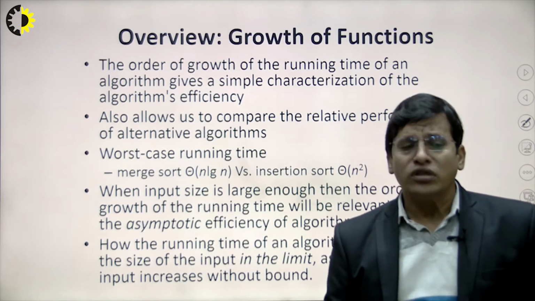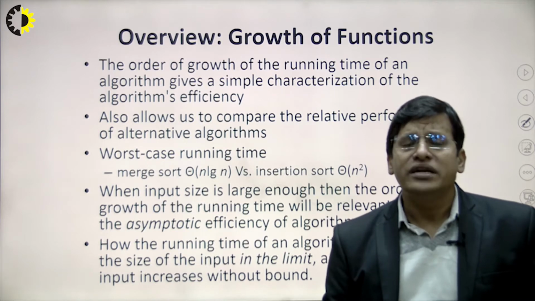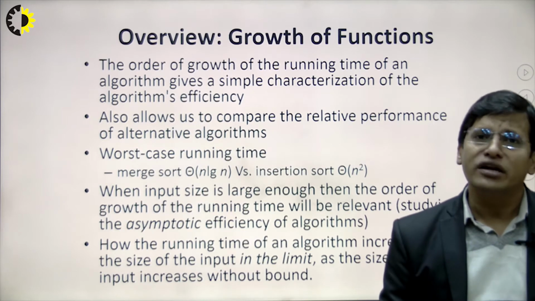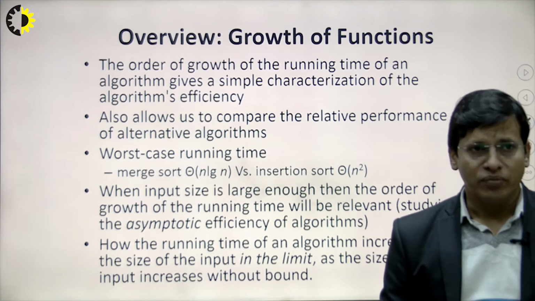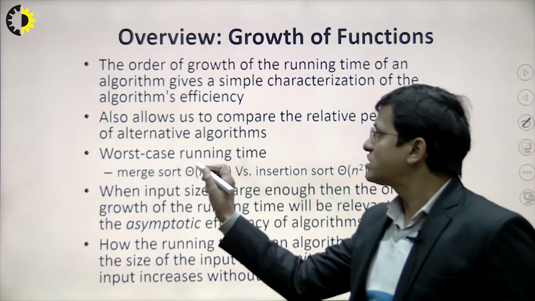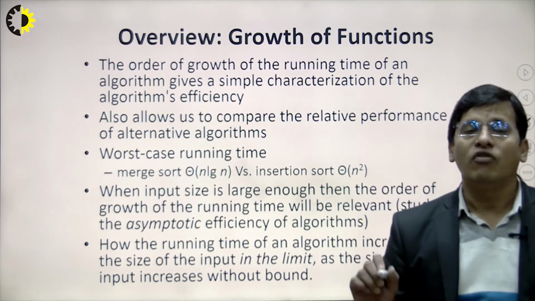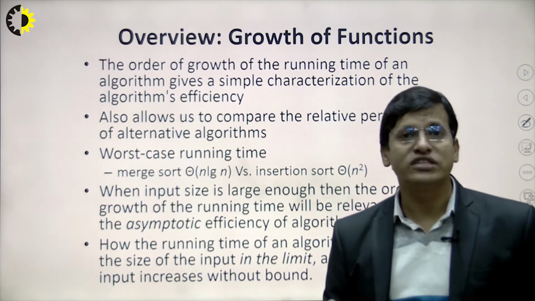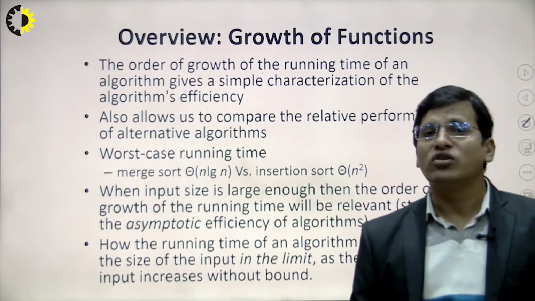This comparison is based on the order of the running time of that algorithm. As we have already seen the worst case running time of insertion sort and merge sort, because we discussed insertion sort in the first lecture and merge sort in the second lecture.